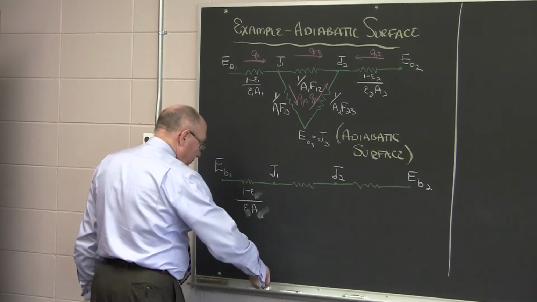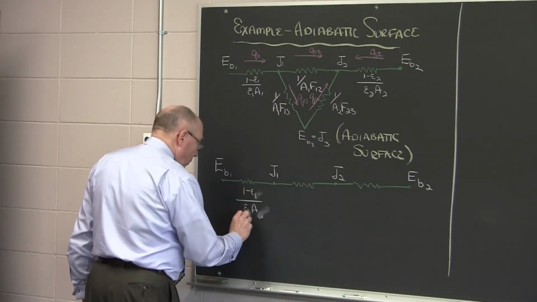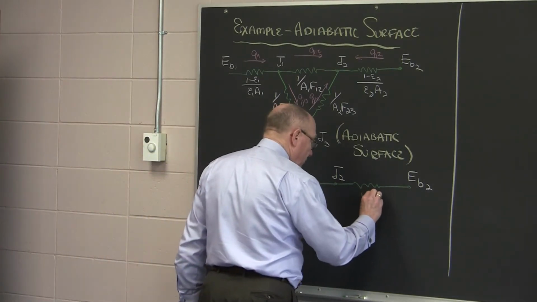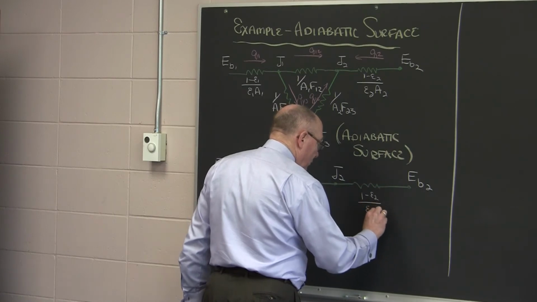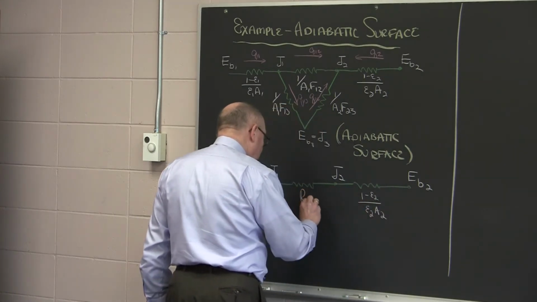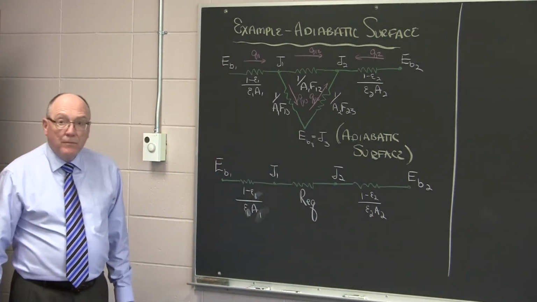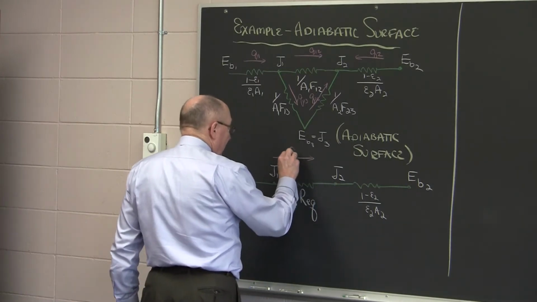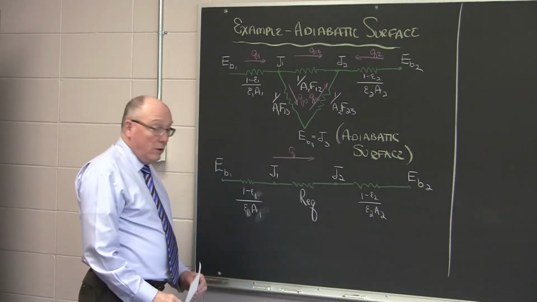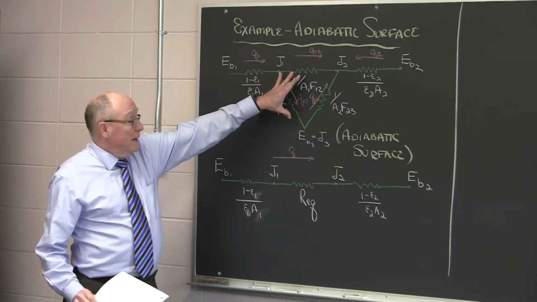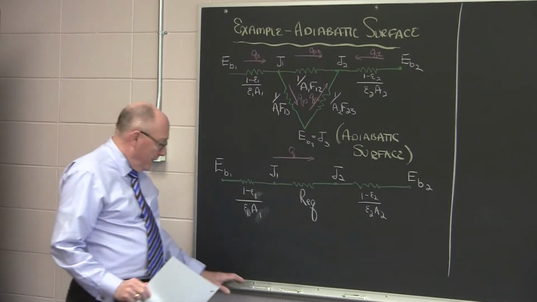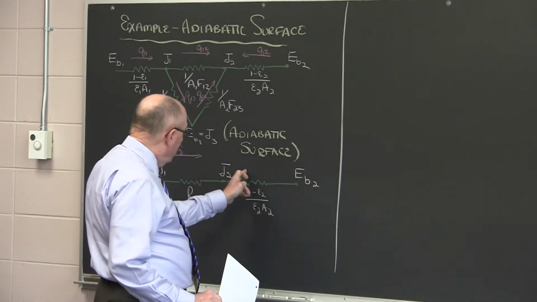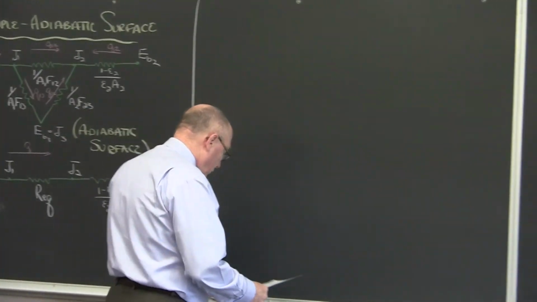This is 1 minus epsilon 1 over epsilon 1 A1. This is 1 minus epsilon 2 over epsilon 2 A2. And this we'll simply call our equivalent resistance. And this is just Q. And the Q is the same across all of these. Now, of course, this Q does split in this series right here. But in terms of how we have it now, this Q1 would equal Q1 to 2, which would be equal to Q2, or just Q.